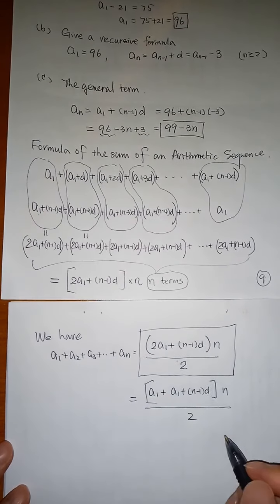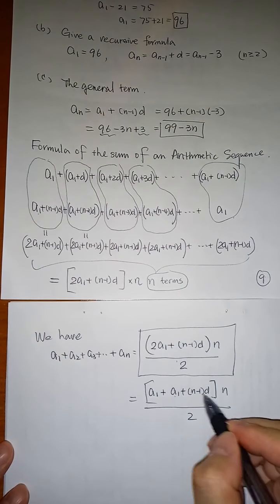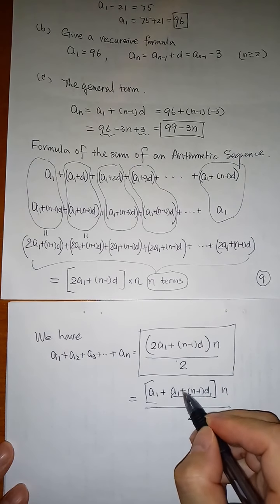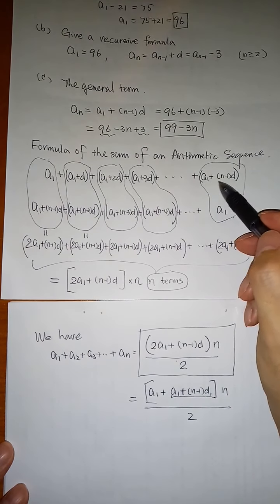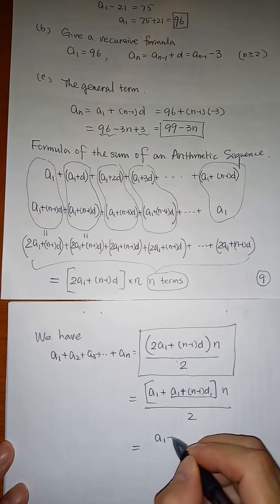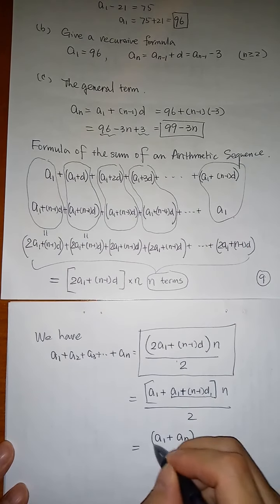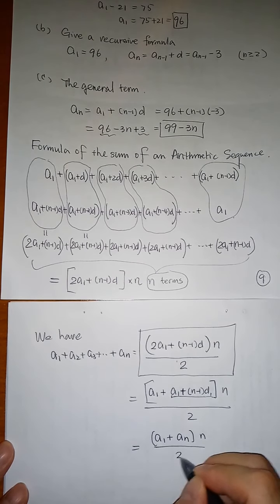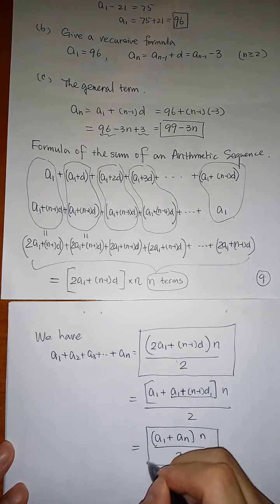Okay, and a1 plus (n minus 1)d, check what it is. a1 plus (n minus 1)d is an. This is a second formula.